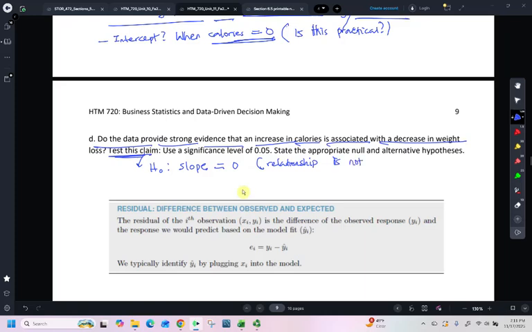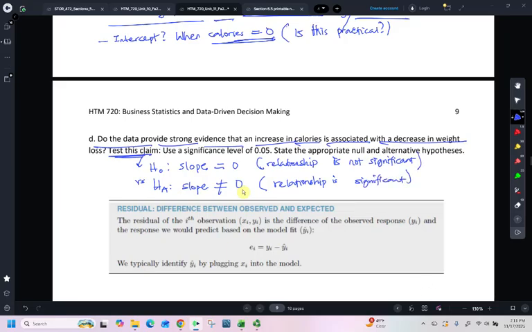The relationship is not strong enough or not significant, versus the alternative that the slope is not nothing. That means it is something. So that means that the relationship is significant.